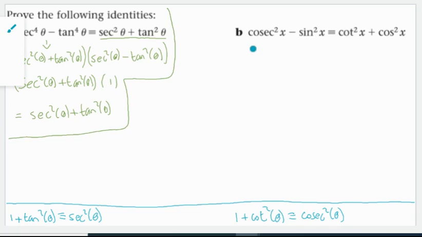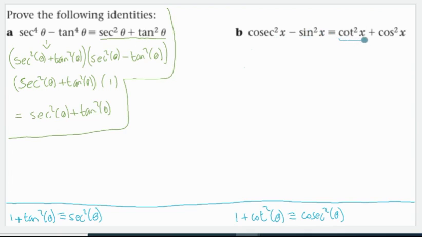Right. Next, we have cosec squared x minus sine squared x is identical to cot squared x plus cos squared x. Okay. Well, what can we do here? So cosec squared x, are there any things that we can say? I'm now looking at what's on this side here.